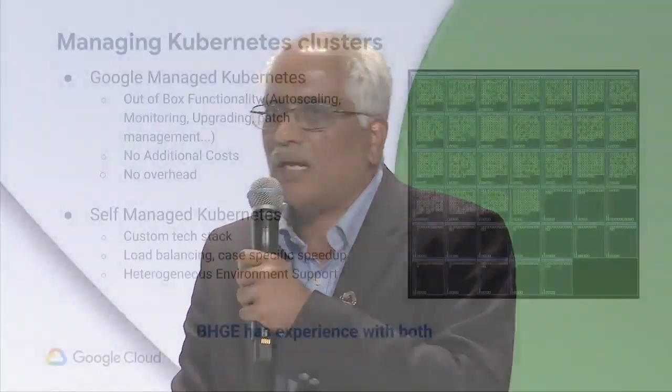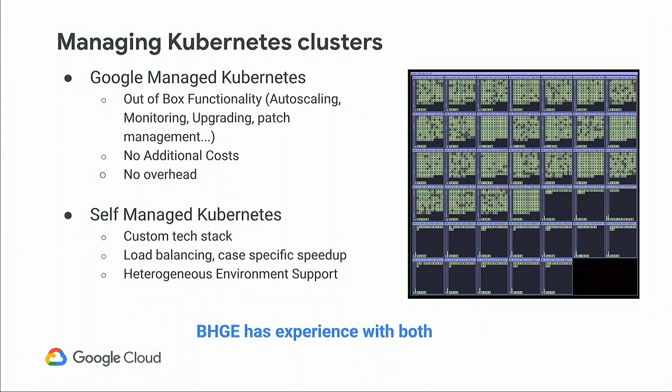For the last couple of years or more, we have been a very heavy Kubernetes shop, and we use Kubernetes extensively, both on-prem and on various cloud platforms, and we have a heterogeneous environment. So we have been managing these Kubernetes clusters on-prem, and some of the challenges.